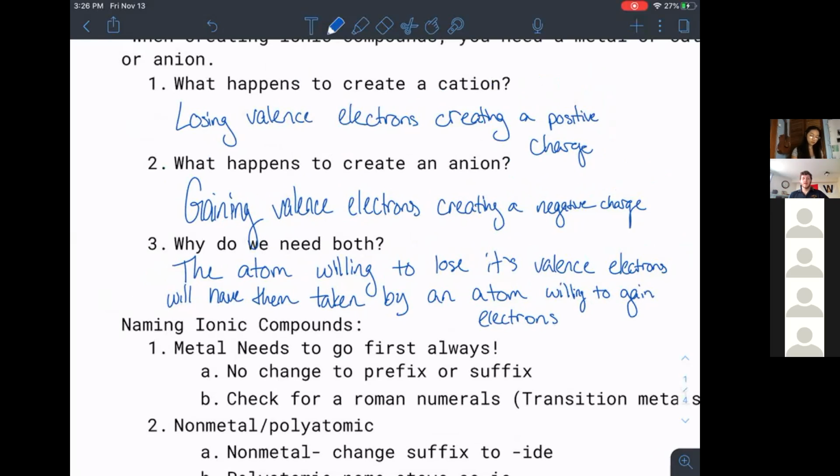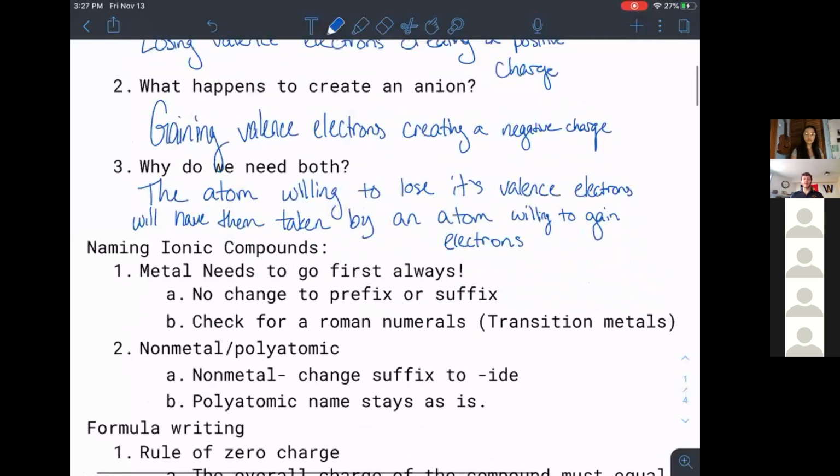All right. So then the next thing we need to remember is naming. We'll go over all this in more detail in a little bit, but just so we remember, metals will always go first. When we're naming ionic compounds, we always go metal first, non-metal second.